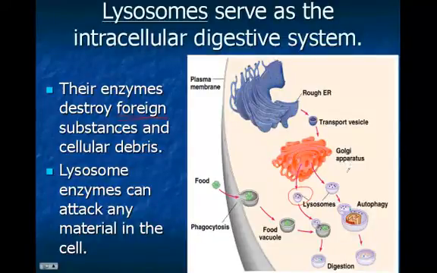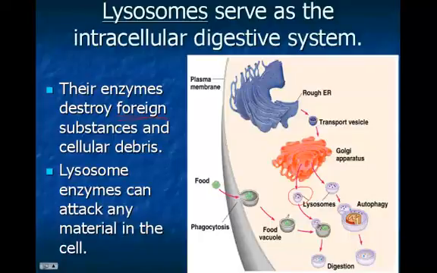So lysosomes will actually destroy foreign substances and cell debris. They'll break down old cellular material, as well as any food that we might bring into the cell. We'll talk about this again when we talk about how we bring things into and out of the cell, but we can take in food for the cell in a process called phagocytosis, where we literally package our food inside a little food vacuole.